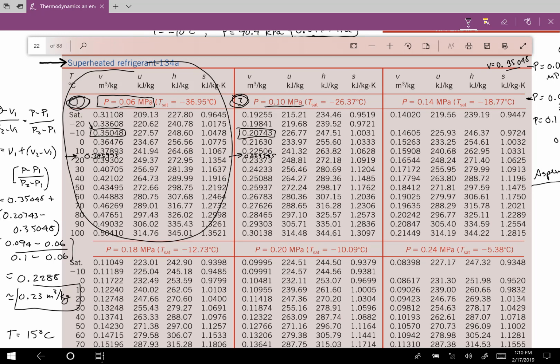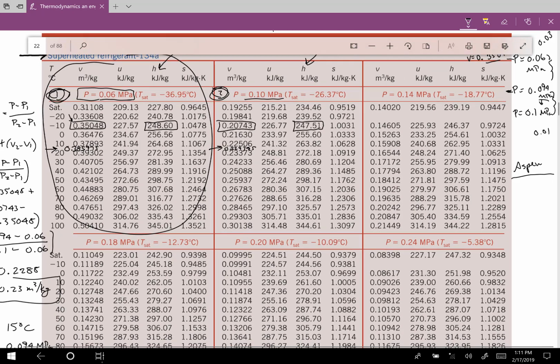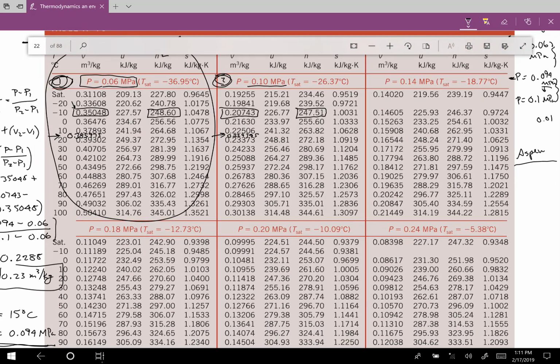We're going to get that from this table as well, because we have a superheated vapor, and our enthalpy is right here, the H. We're going to read that off the table the same way, and interpolate the same way to figure out our enthalpy values at state 1 and state 2.